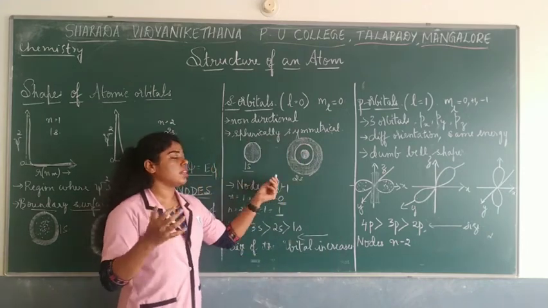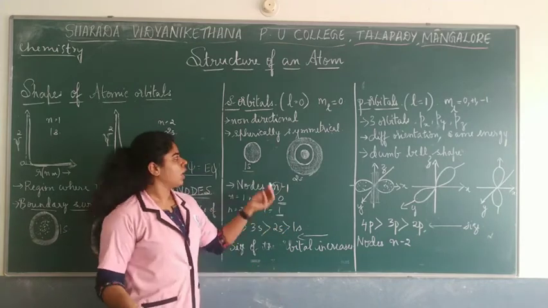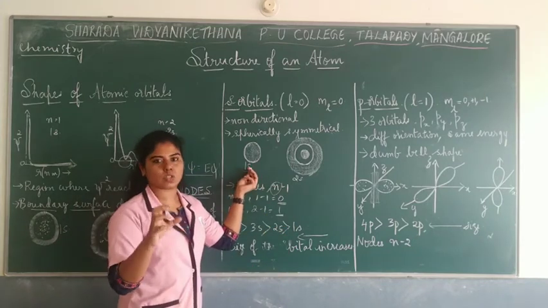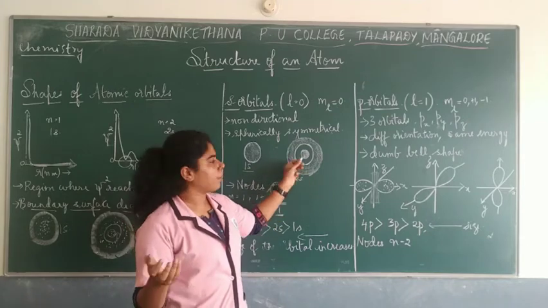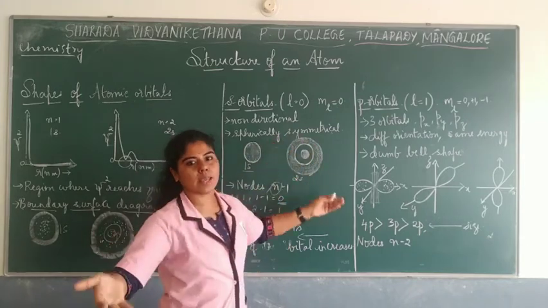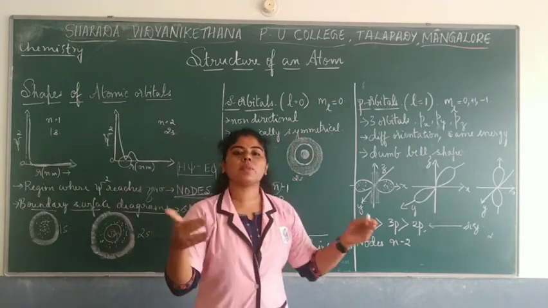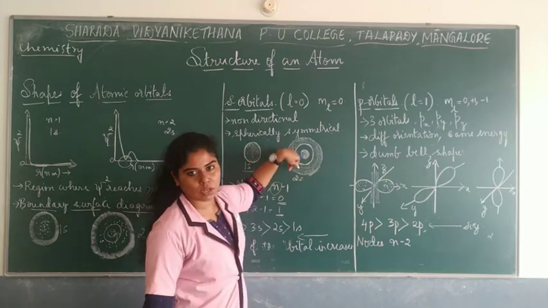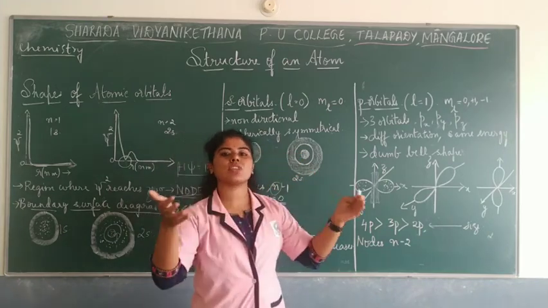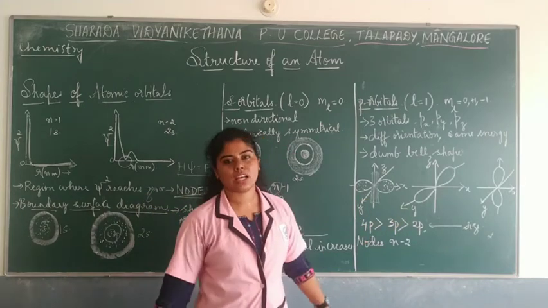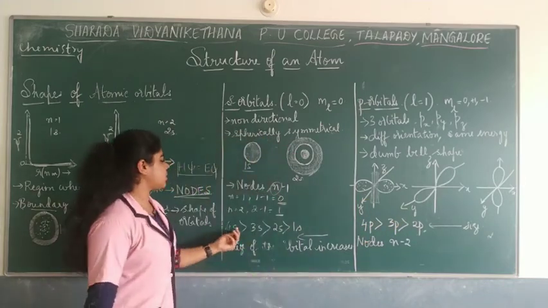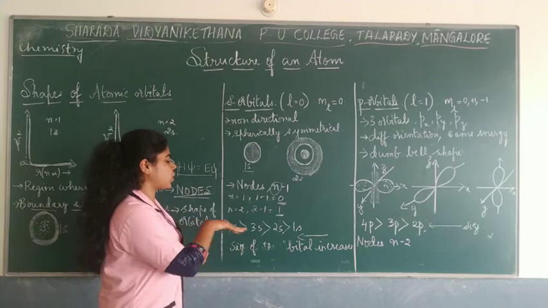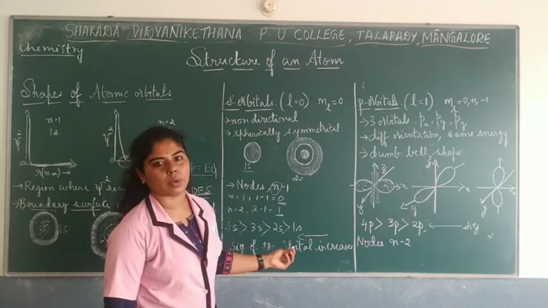Talking about the size of these orbitals, you know that 1s will be smaller when compared to 2s, because here the energy level keeps on increasing, or the principal quantum number keeps on increasing. So as the principal quantum number keeps on increasing, what happens to the size of the orbitals? Obviously it has to increase. So this is how the change in the size of these orbitals takes place.